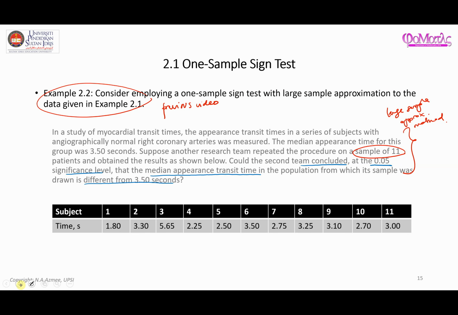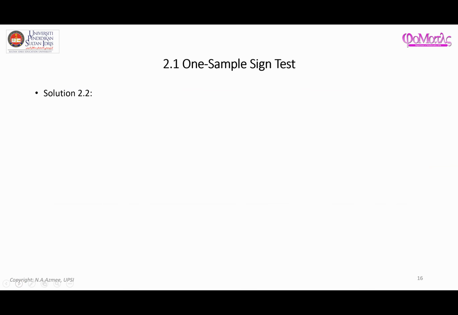That should give us some idea on how to formulate the hypotheses. So step 1, H null is M equals 3.5 versus H alternative M is not equal to 3.5. Note that your significance level is given as 0.05 and our sample size is 11.